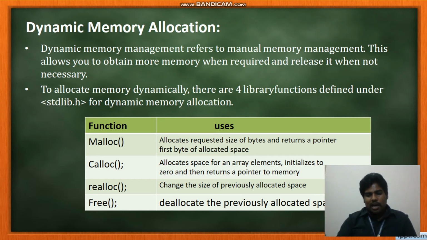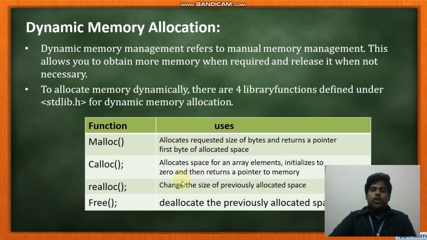But in calloc, contiguous memory, continuously like an array, 100 blocks of memory are allocated and all the memory is initialized with zeros, and the starting position address is returned to the pointer.